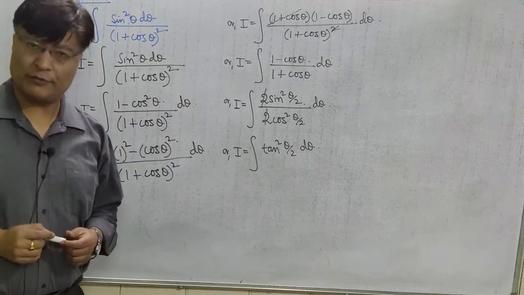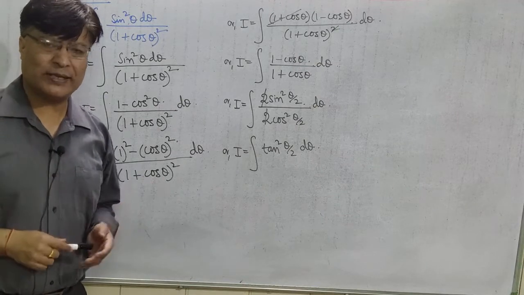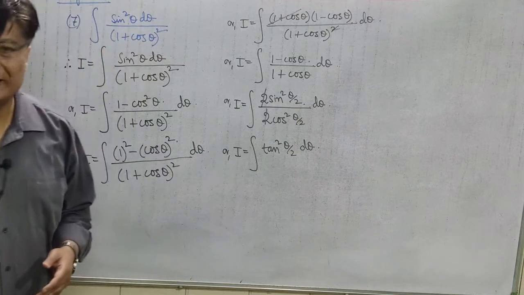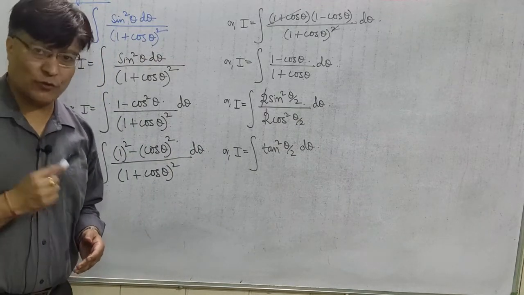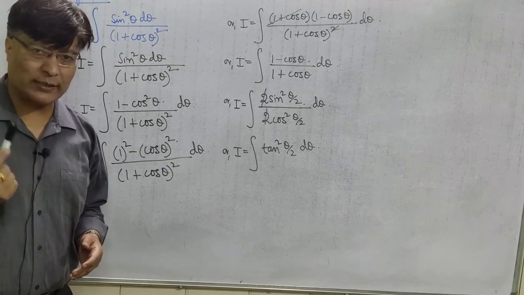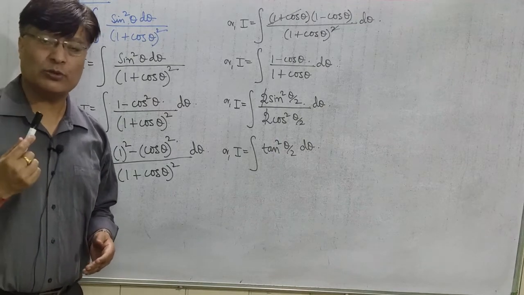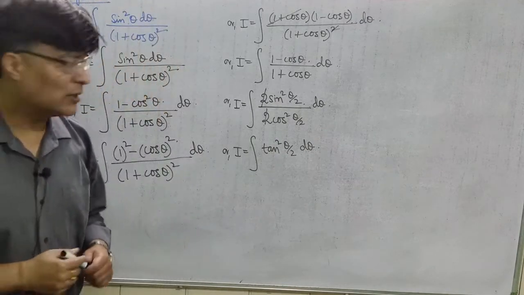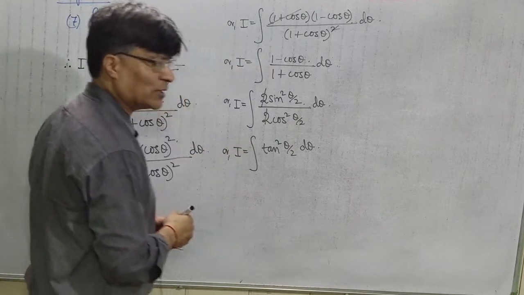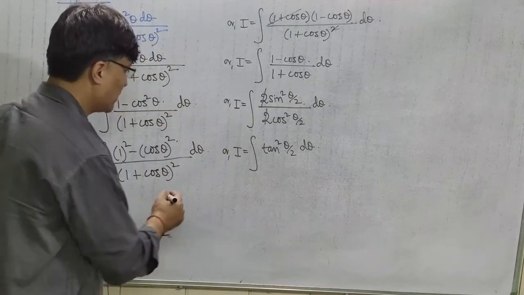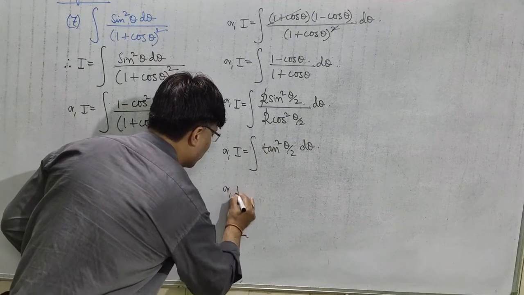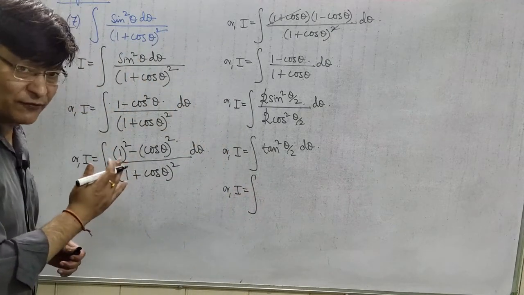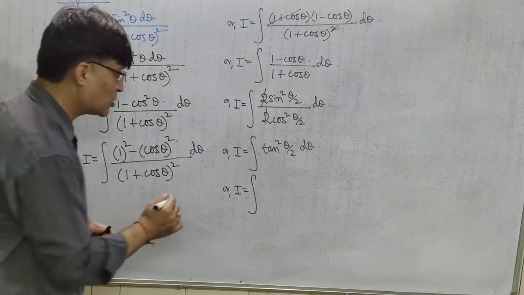So I hope you have understood it, but you cannot integrate this tan square theta by 2 d theta directly. There is no formula for the integration of tan square theta by 2. But you know the integration of sec square theta by 2, isn't it? So let us convert this tan square theta by 2 in terms of sec square. So what is the formula now? I is equal to the integration of, what is the formula for tan square theta by 2 in terms of sec square?